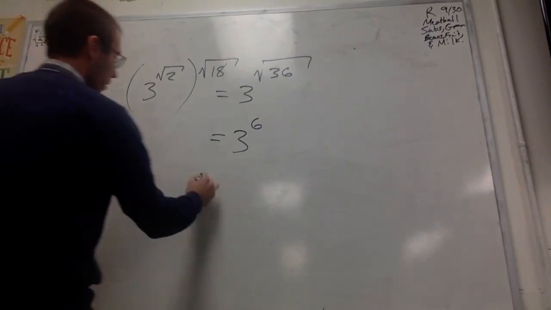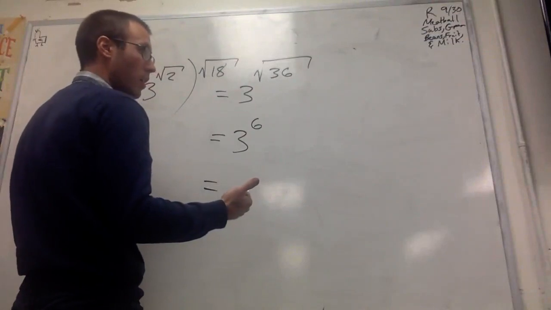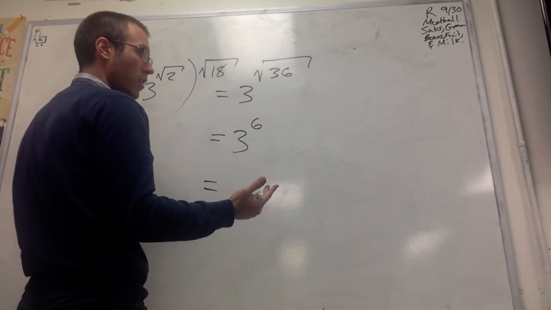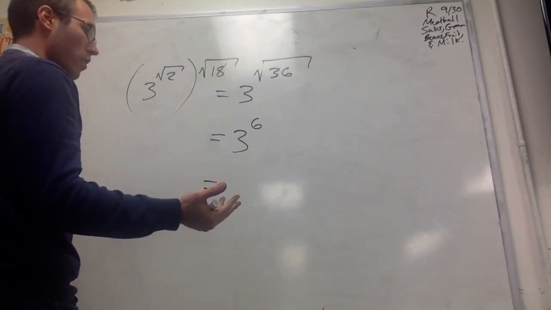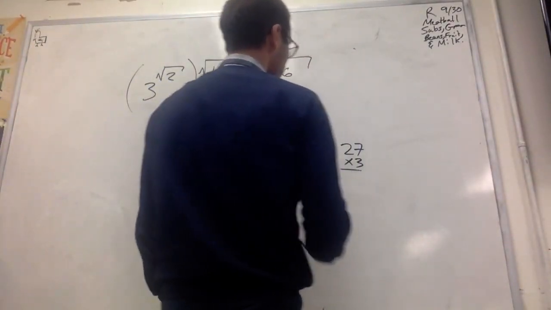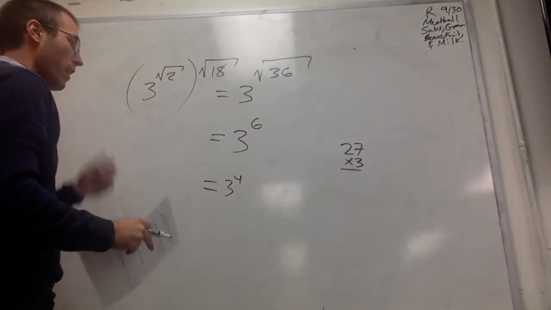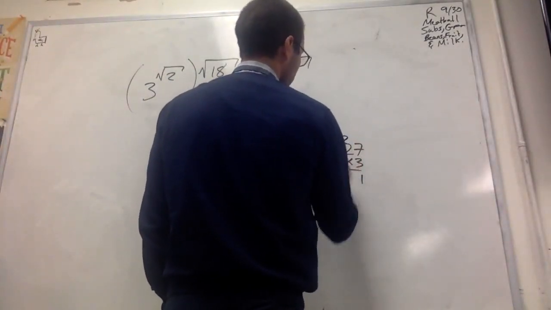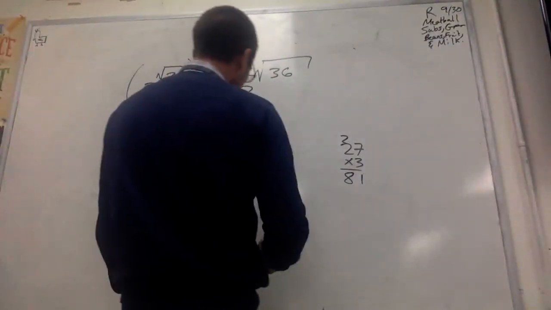We have to do this out. So 3 times 3 is 9 times 3 is 27. 27 times 3 is 3 to the power of 4. So I'm going to write 27 times 3 is 3 to the power of 4. So that is, you get 21 here, 6, 7, 8, 81. 3 to the power of 4 is 81. 3 to the power of 5.